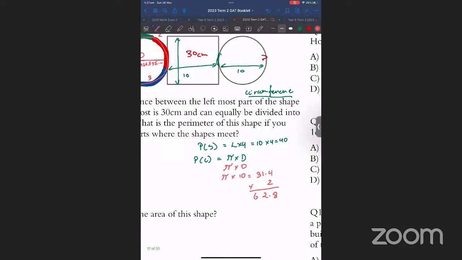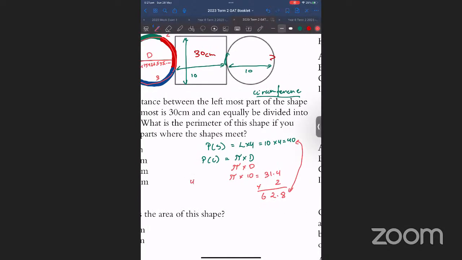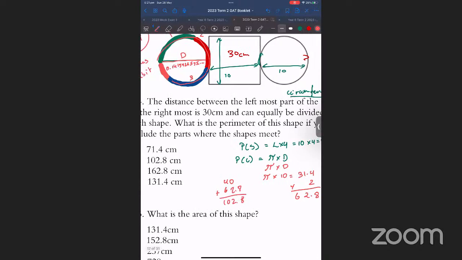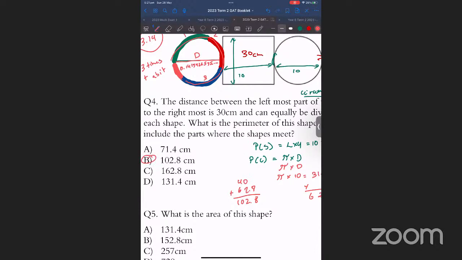Then when you add the perimeter of the square, 40, plus the perimeter of the circles, 62.8, you get 102.8. Do you guys understand?